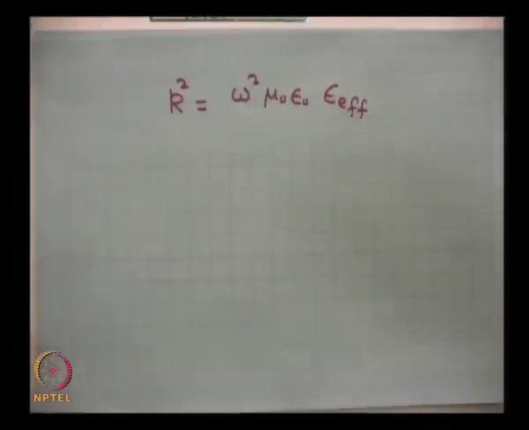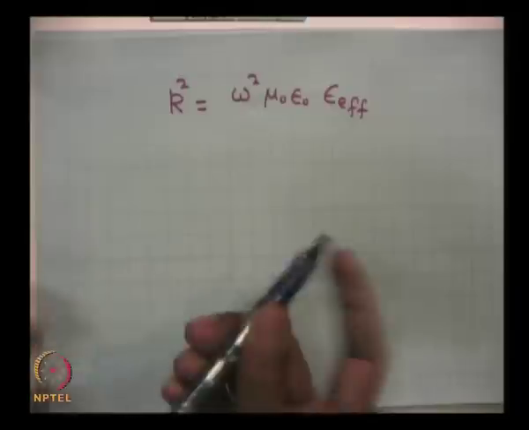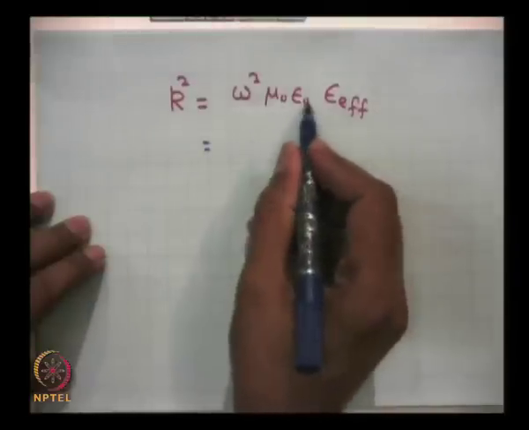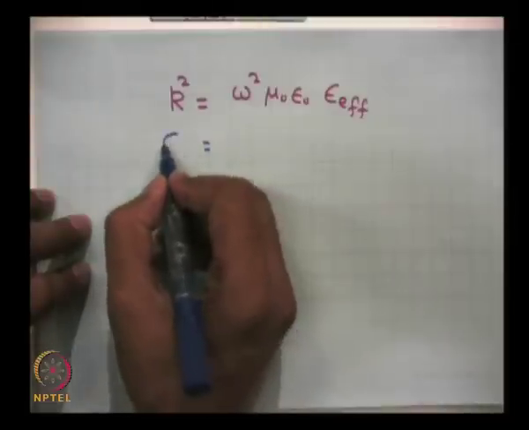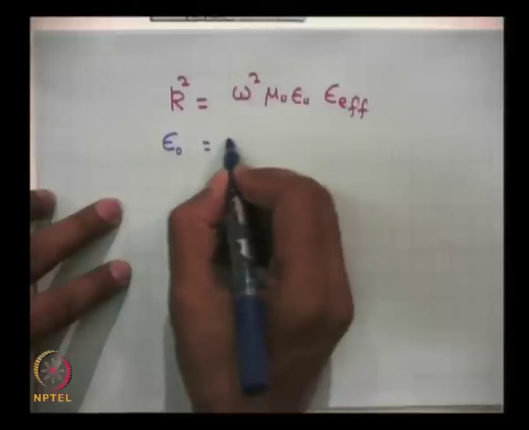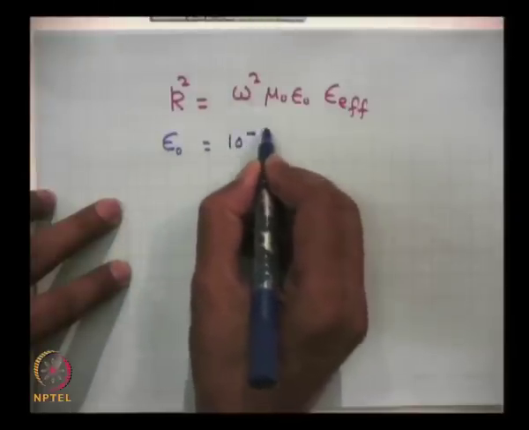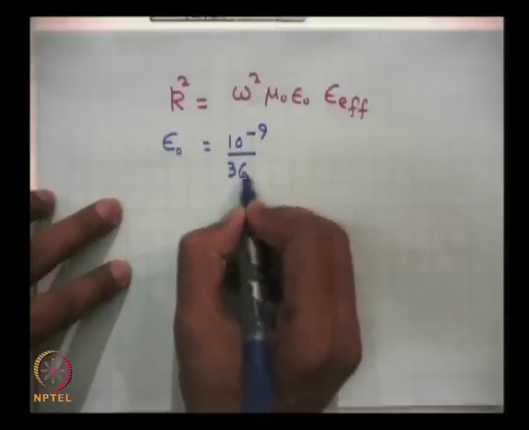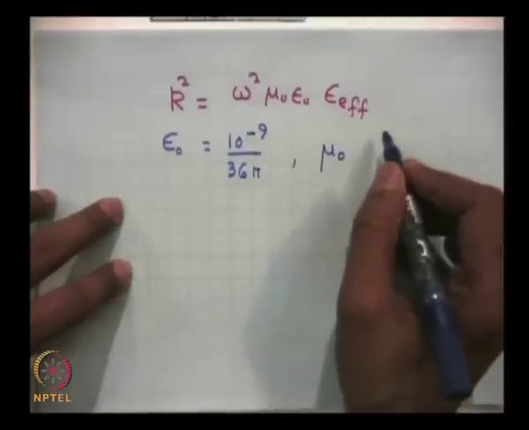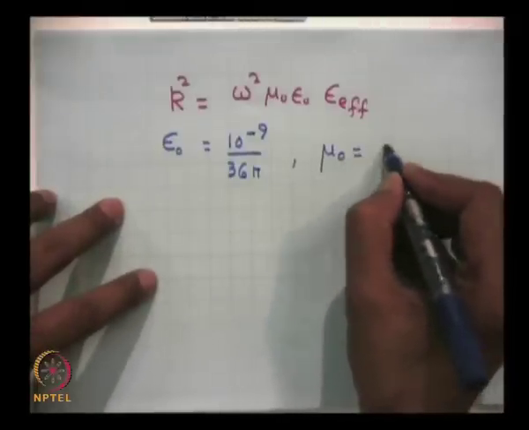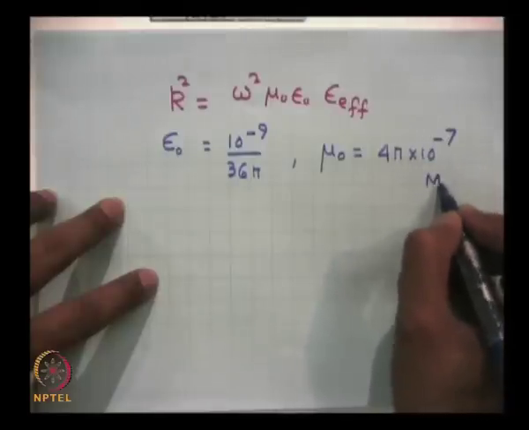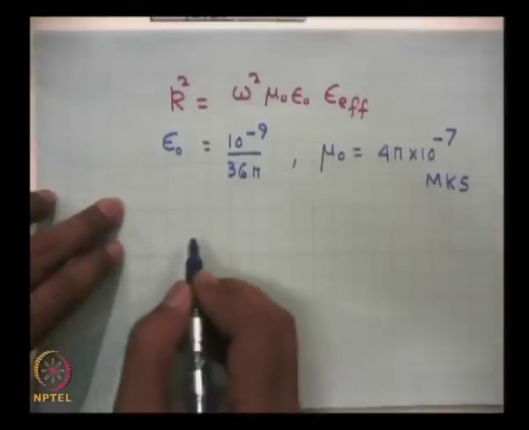Let us understand the character of these waves. First of all, mu 0, epsilon 0 are what? Epsilon 0 is the free space permittivity in MKS units. Its value is 10 to the power minus 9 upon 36 pi. Mu 0 is called free space magnetic permeability, whose value is 4 pi into 10 to the power minus 7 in MKS units, both in MKS units.